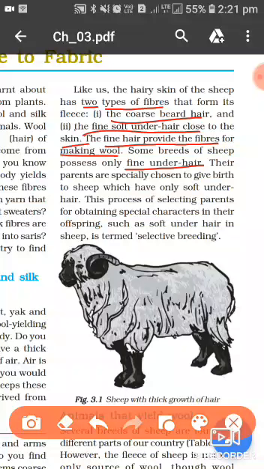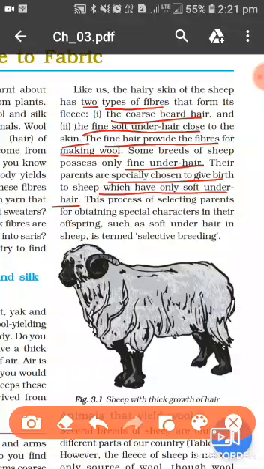They don't have the coarse beard hair, that is the thick part of the hair on their body. Their parents are specially chosen to give birth to sheep which have only soft underhair. Sometimes a breeding process is done under which specially chosen parents give birth to sheep that give only soft underhair fiber.